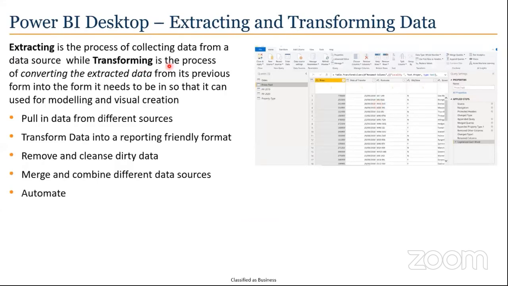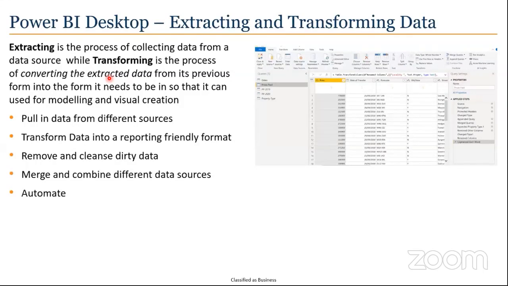So we can transform the data and convert the extracted data into a proper format. And once the transform activity is done, we cleanse it. If there are any unwanted columns, we can cleanse the data and combine. If there are any data sets with an equivalent and same structure, we can combine and merge the data sources, which are on different data sources. We can merge it, and finally we will build the visual.